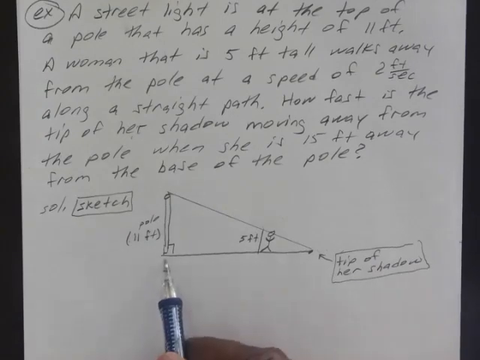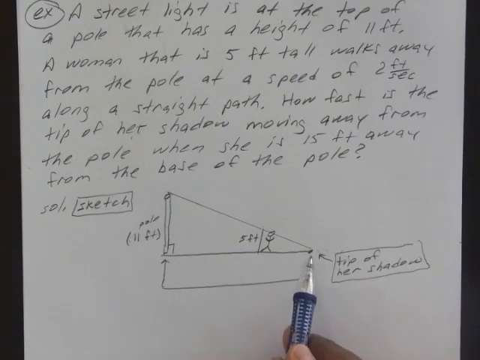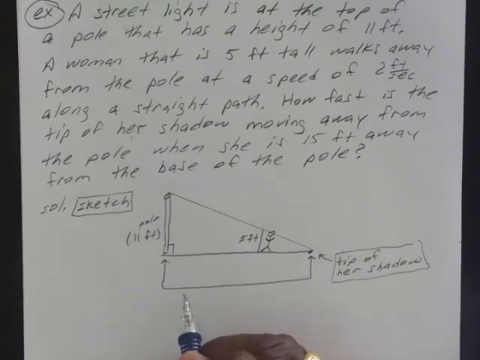Okay, so let's say this is our distance from the pole to the tip of her shadow. So we'll let y equal that distance.